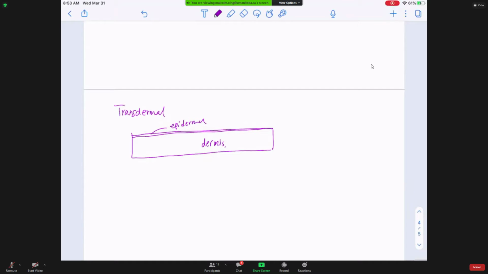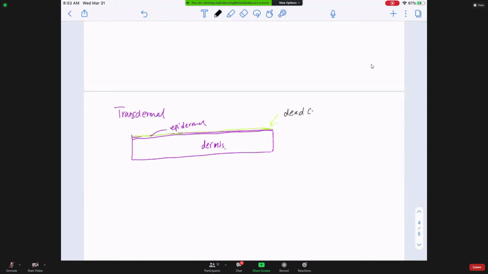There's also a specific material, a very thin keratinocyte layer on top of that. This generates dead cells that are very stiff and densely packed, to provide protection of the skin.